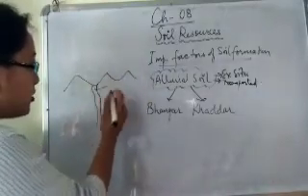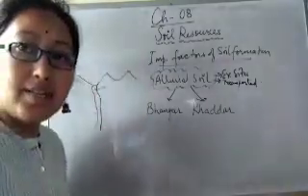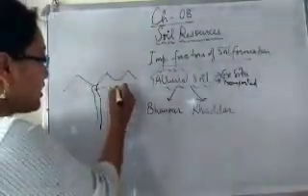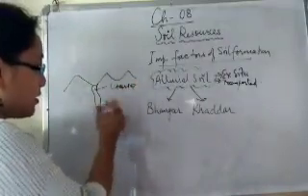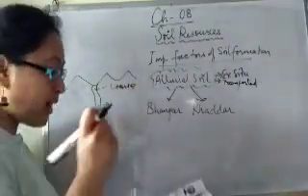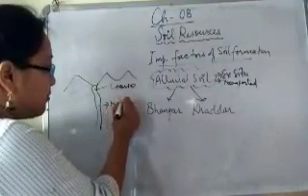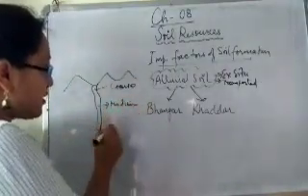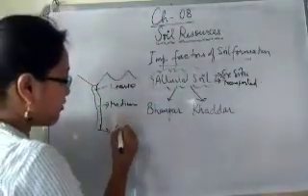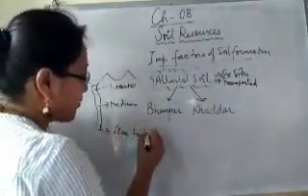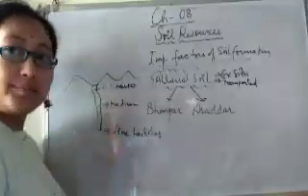So in the upper course, the sediments are coarse, whereas in the middle course they are medium size particles, and in the lower course the sediments are in the form of fine particles, right?